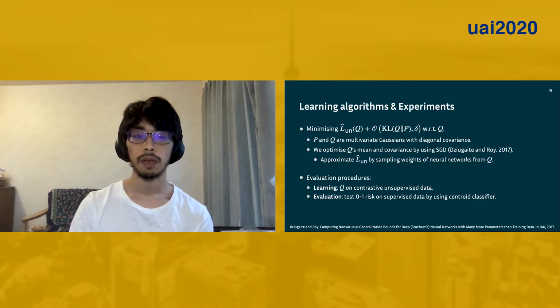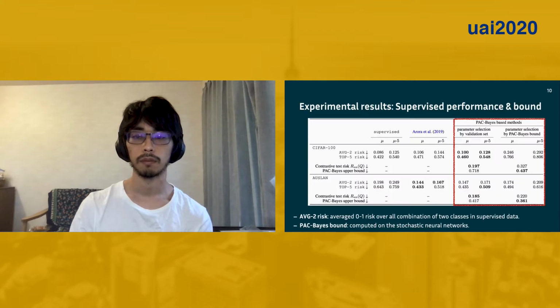In our experiment, we train Q on contrastive unsupervised data. Then we compare the test 0-1 risk on supervised data by using a centroid classifier. We conduct numerical experiments to verify our proposed algorithms compared to supervised and existing contrastive methods.